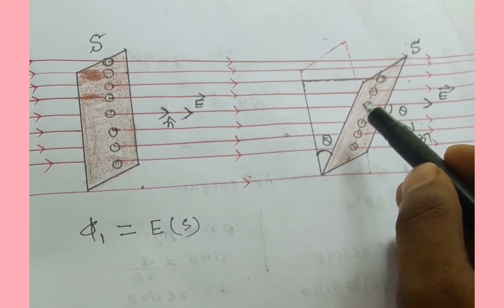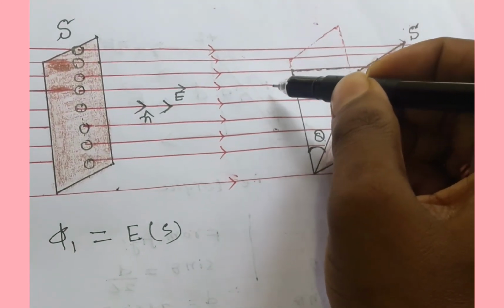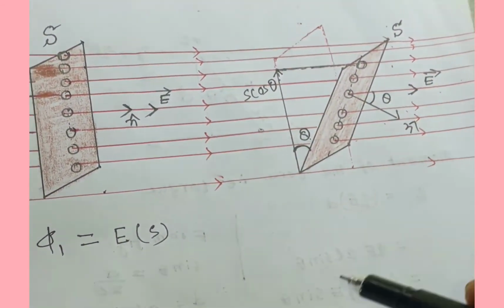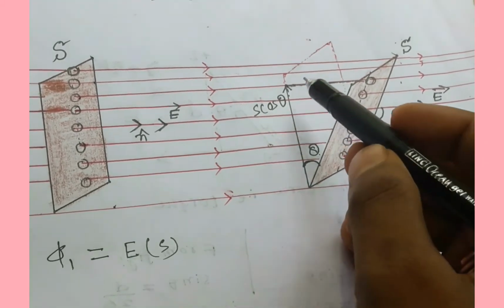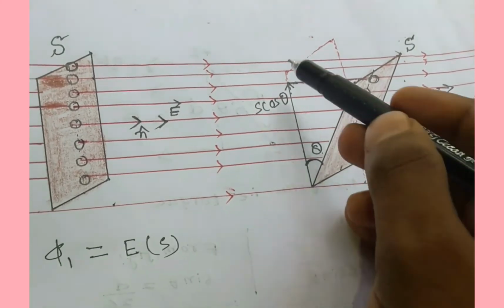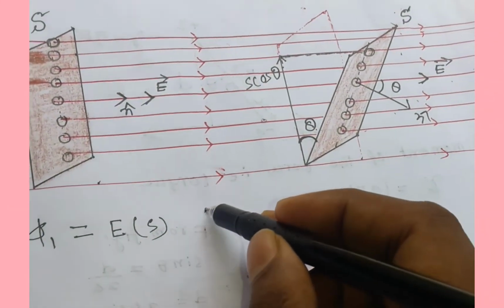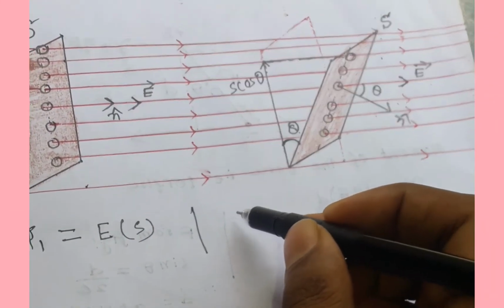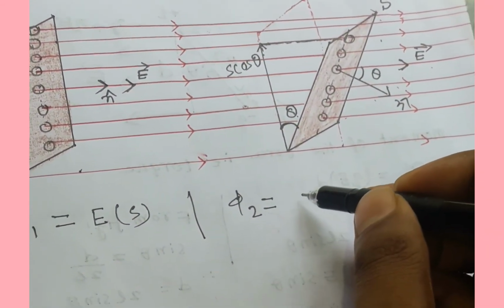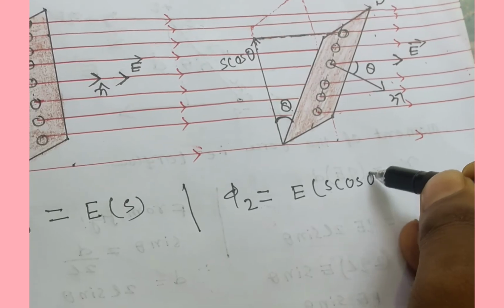Here, the projection of the surface S is S cos theta. Therefore, the electric field lines cross normally to the surface of S cos theta. Therefore, the electric flux in the second figure, phi 2, equals E into S cos theta.